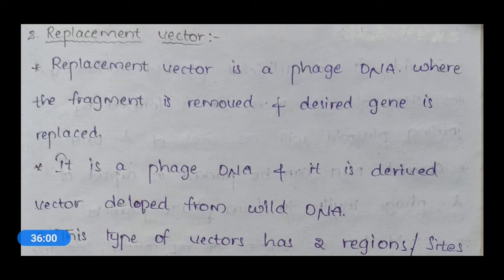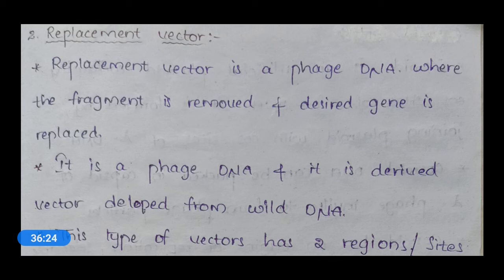But here we will remove a fragment of this phage DNA, and in that place we will place a desired gene. So a replacement vector is a phage DNA where the fragment is removed and the desired gene is replaced.